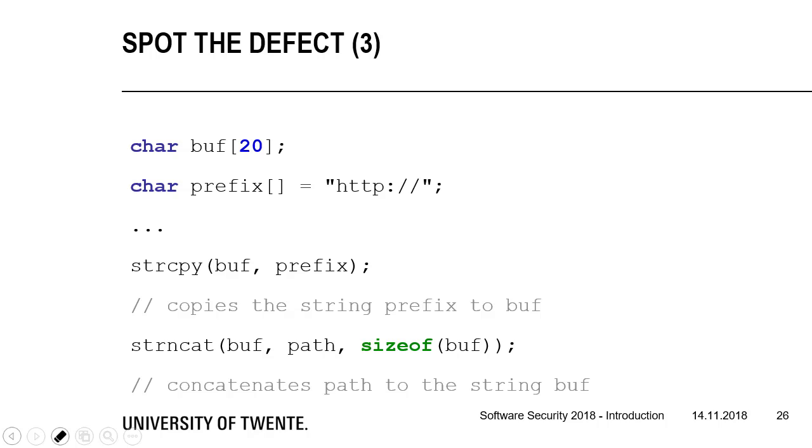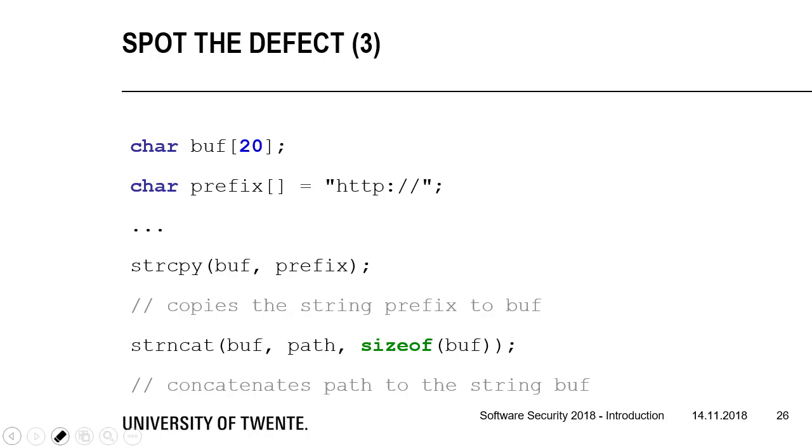The string copy there is fine because the prefix is not larger than buff. But what's the problem? The concatenation concatenates buff, which contains the prefix, and pass, which is not shown here, and stores it in buff.